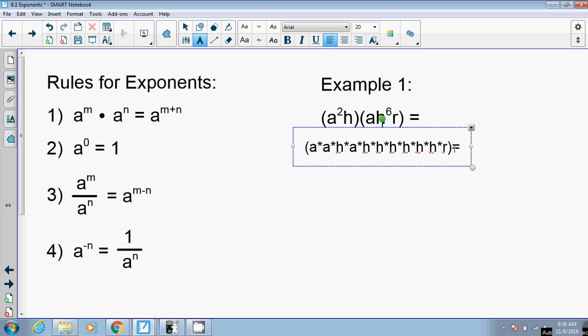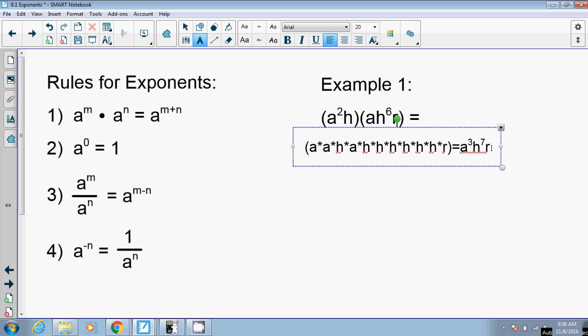I notice I have 3 a's, and a times a times a becomes a cubed. Now we look at how many h's we have: 1, 2, 3, 4, 5, 6, 7 h's, and those 7 h's being multiplied together give me h to the 7th. And then I only have 1 r.